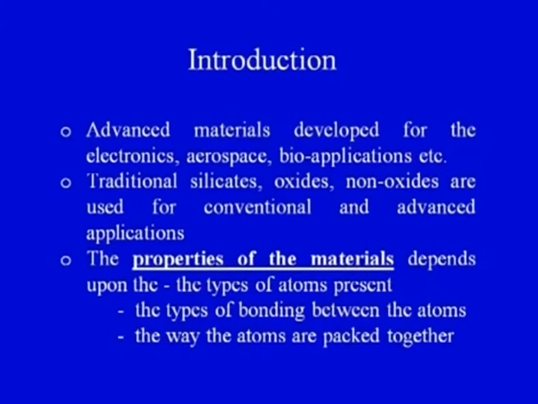Point number 2, traditional silicates, oxides, and non-oxides are used for conventional and advanced applications. This highlights the classification of ceramics which we covered in lecture number 1, that on the basis of composition, ceramics can be classified into 4 broad categories: first, the silicates; second, the oxides; then non-oxide ceramics; and finally the glass ceramics.